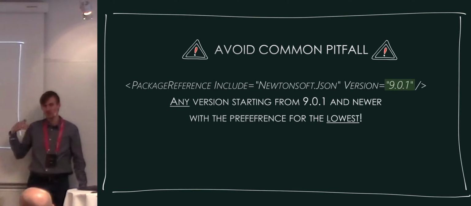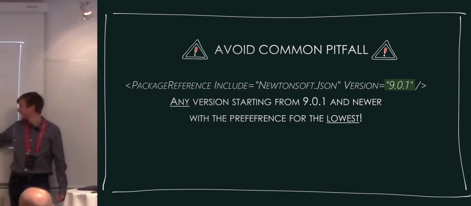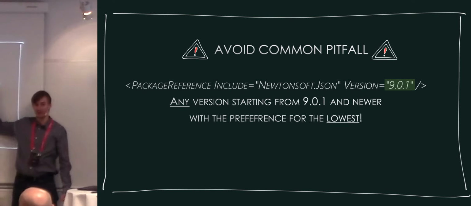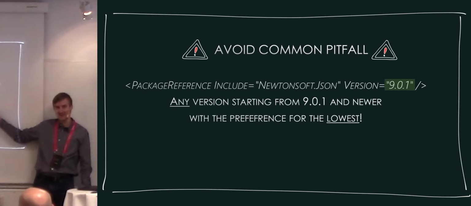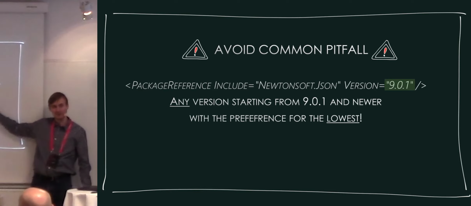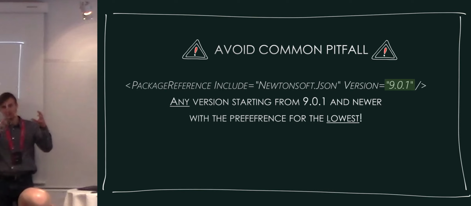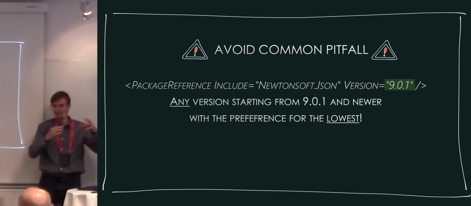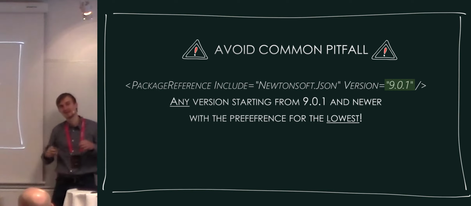It will be resolved to any version starting from 9.0.1, with a preference for this one, but not necessarily. So if your source of packages has no 9.0.1, it will try to find the next version and the next version. It's like if I say 2 equals 2, I expect it to be true. But in this case, this equality doesn't mean exactly what it says.